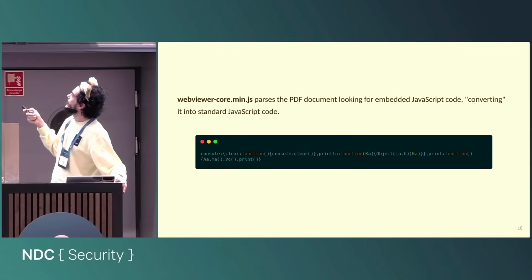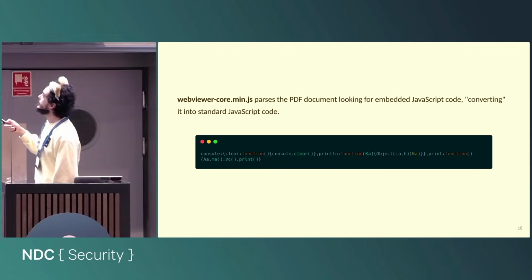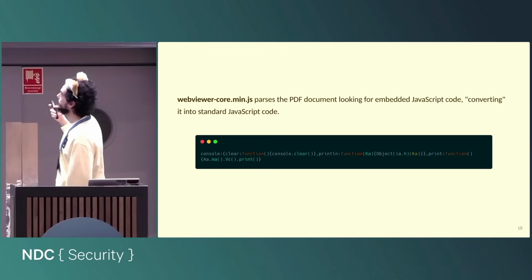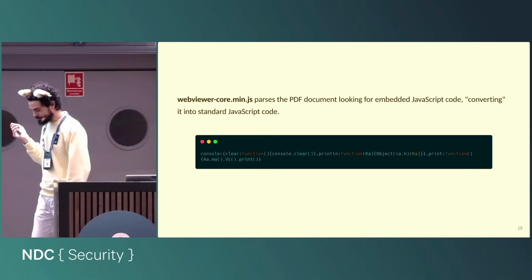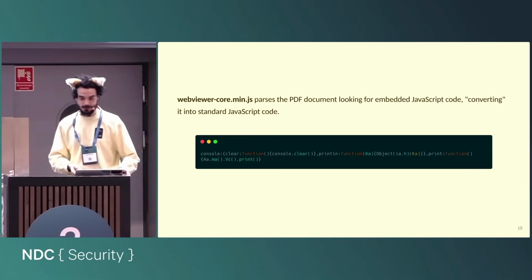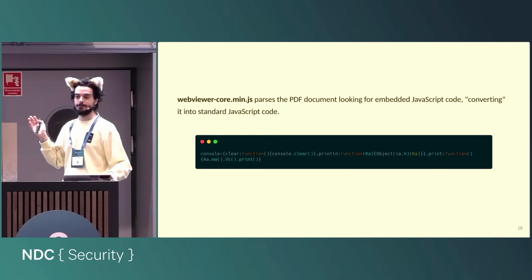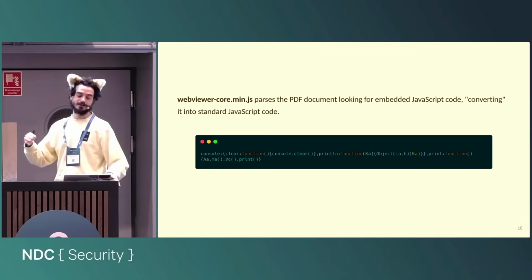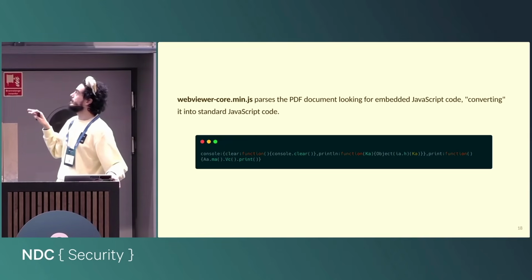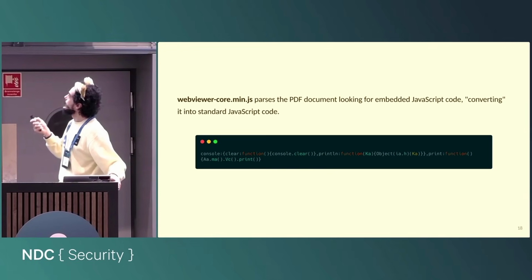You need to invest time in that. But here you can see that console supports .clear, .println, and .print. These are 3 APIs supported by the Adobe JavaScript API, and they are mapping these 3 functions that you can use in a PDF JavaScript to the right ones in the browser API.